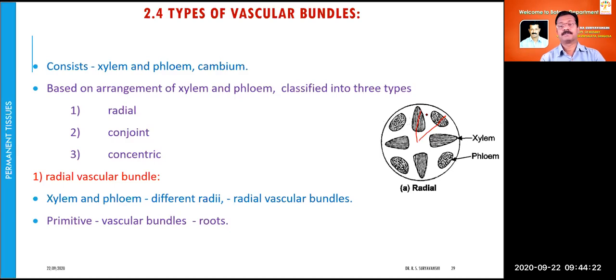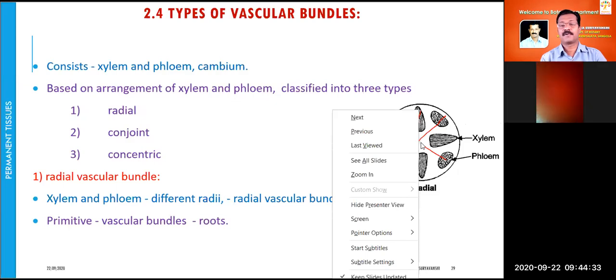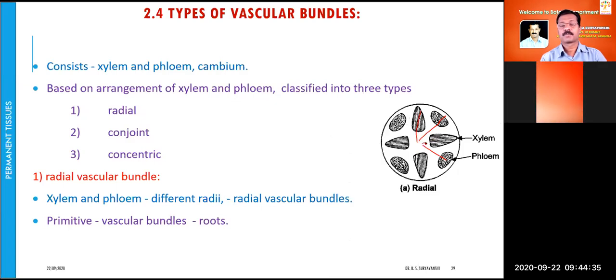So here this xylem and this phloem are not in the same radius but in different radius, and this type of arrangement is found in the roots, and it is supposed to be the primitive type of vascular bundle.